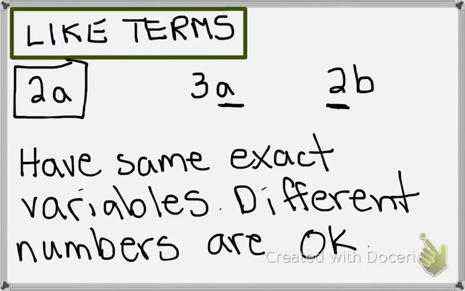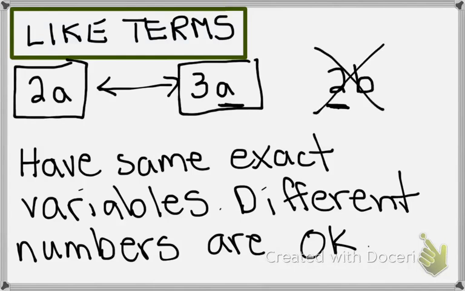Therefore, this is a like term with 2a, and this is not a like term with 2a. It doesn't matter if the numbers are the same, it's the variables that have to be the same.